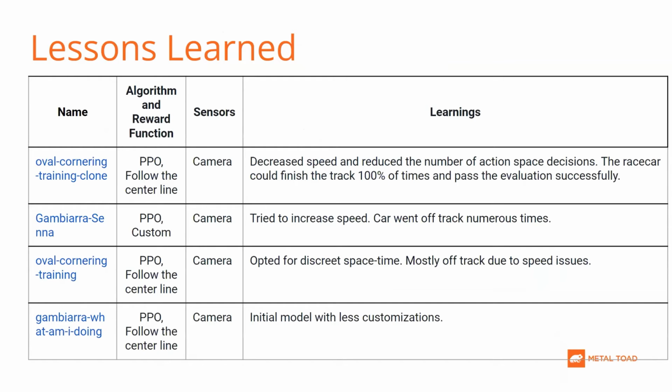We set basically the default settings, and we were exploring both the algorithms and the reward functions that were available, and also the sensors. We learned that we could increase the sensors. So we gave a brief description of each learning that we got through the models. You can click, David.